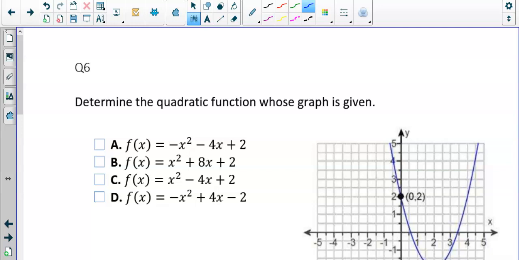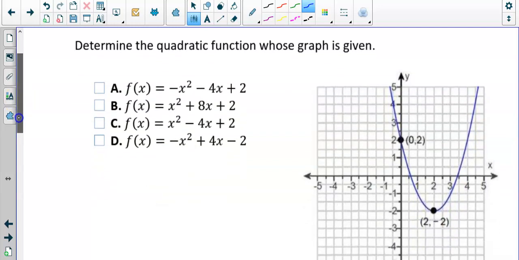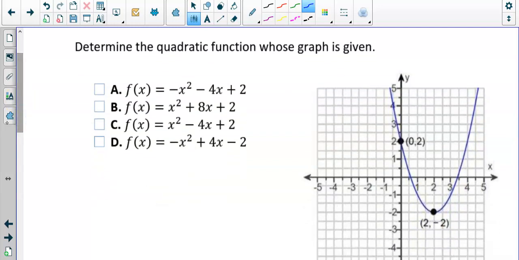All right, last one. It says determine the quadratic function whose graph is given by this. All right, so this one, we can use those answers against them. Because all of these are quadratic equations, right?